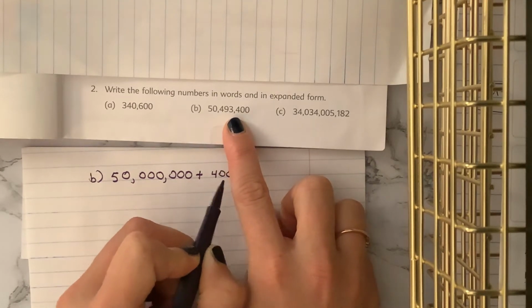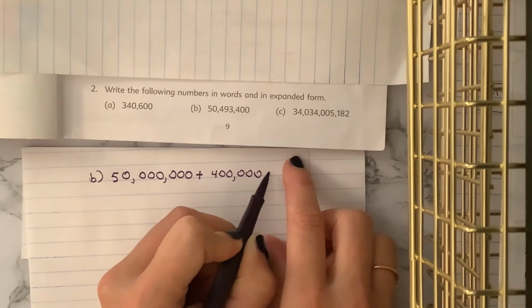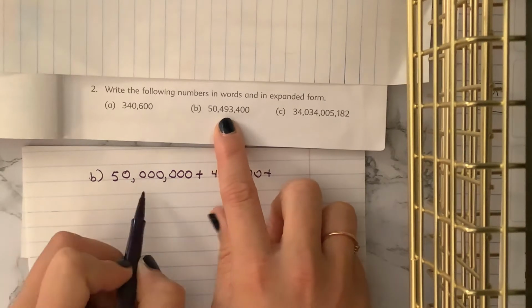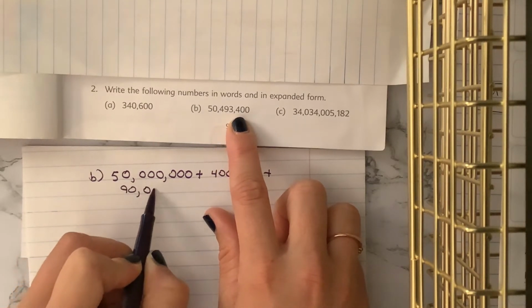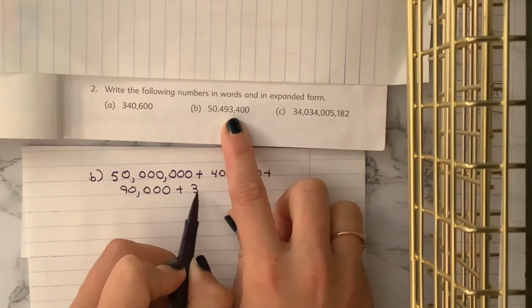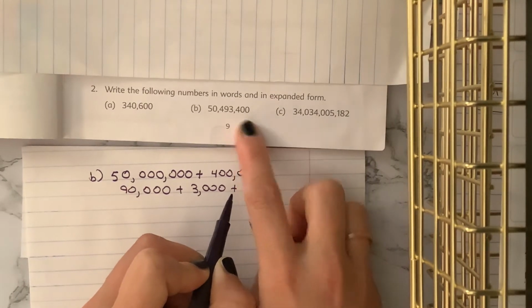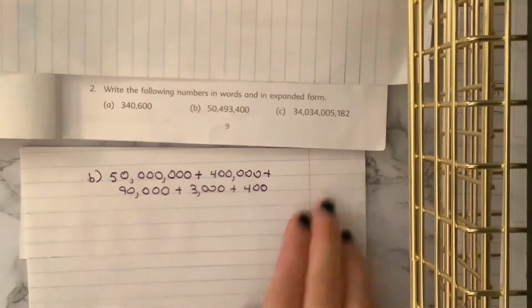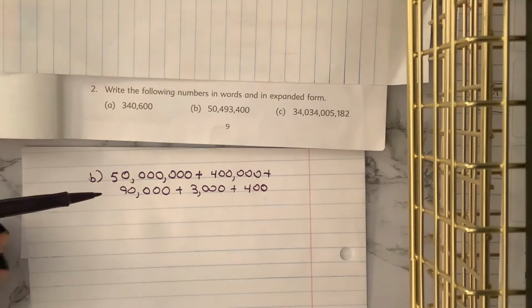So 4, 0, 0, comma, 0, 0, 0. Plus 9, 0, comma, 0, 0, 0, plus 3, comma, 0, 0, 0, plus 4, 0, 0. And every other digit after that is a 0, so we don't have to worry about it. So this would be our expanded form.